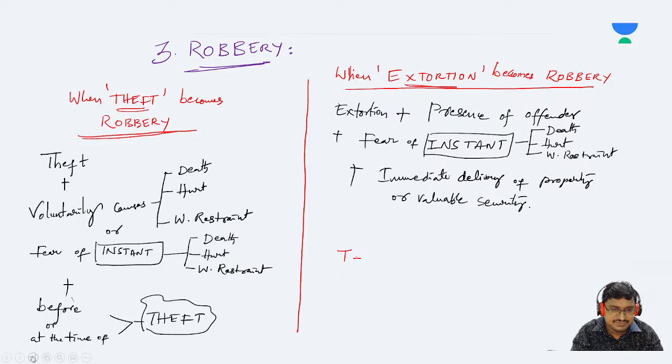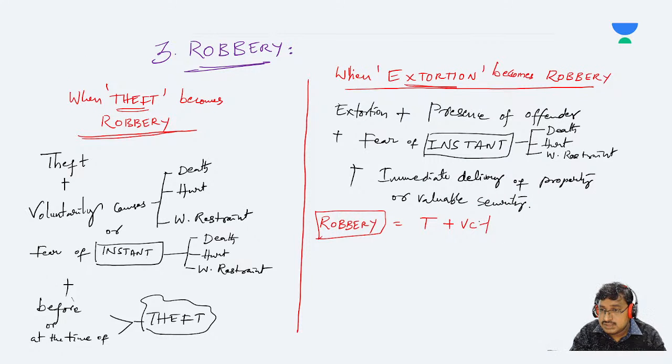Here there must be a theft, robbery equal to, there must be a theft plus voluntarily causing instant death, hurt, or wrongful restraint, or causes the fear of instant death, hurt, or wrongful restraint.